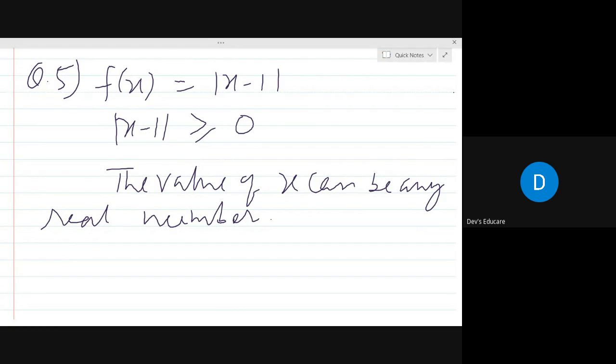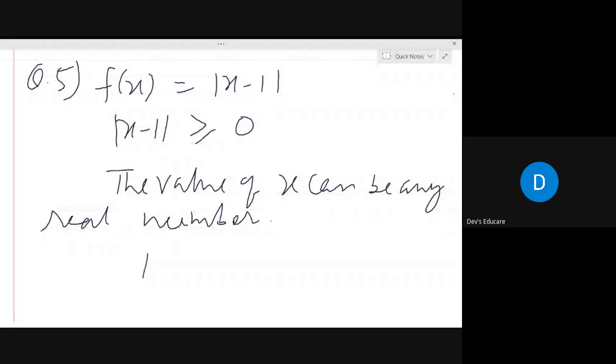We can take any real values of x. And mod of x minus 1 is always greater than or equal to 0.